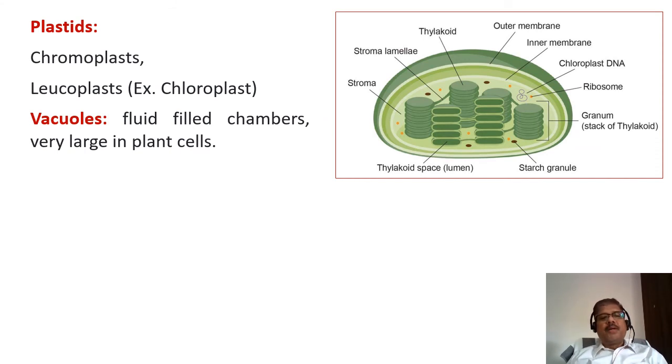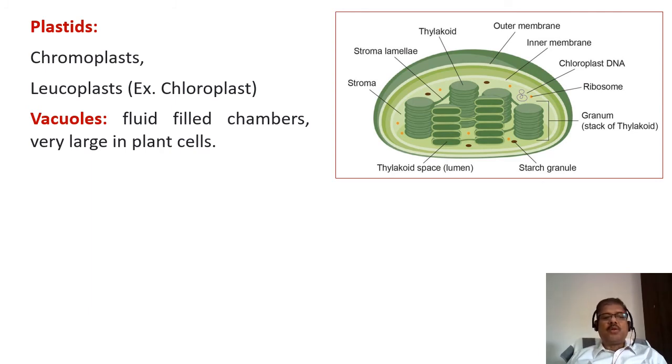Plastids. Plastids are found in plant cells. They are of two types, chromoplast and leukoplast. Colorful plastids are called chromoplasts and colorless ones are called leukoplasts. Chloroplast is green in color and is found in green parts of the plant.